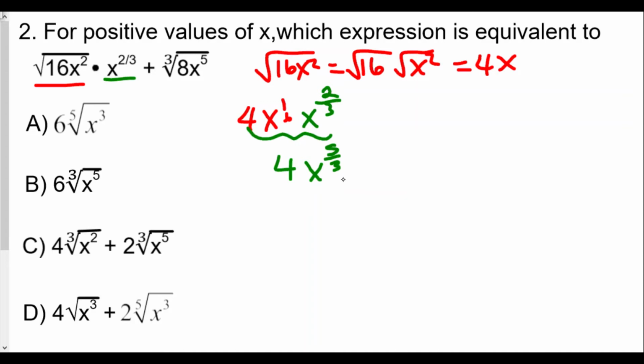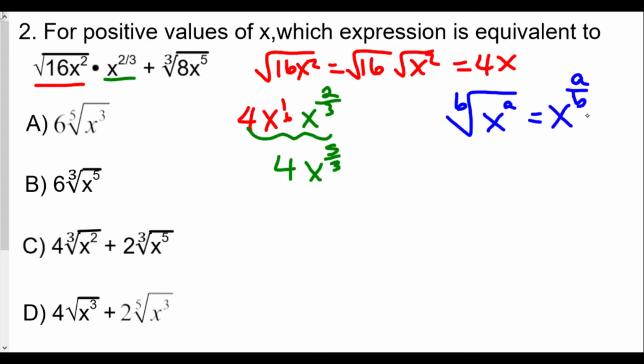We should know that we can change any number raised to a fractional exponent into a radical. Our rule is, when we have the bth root of x to the a, that's the same as x to the a over b.